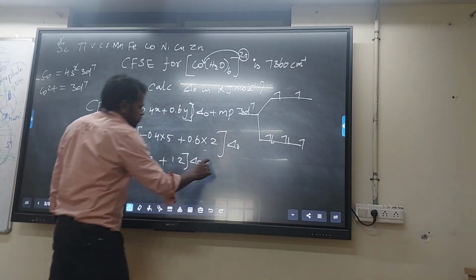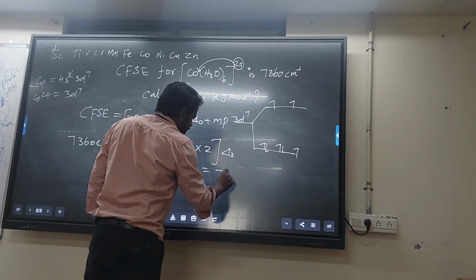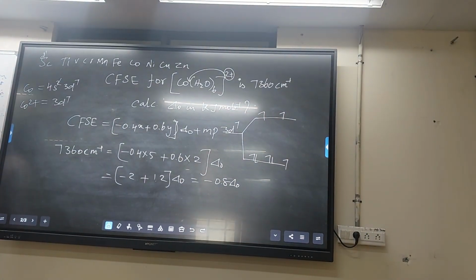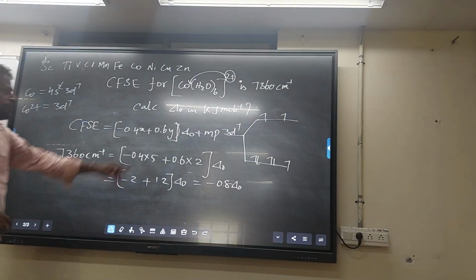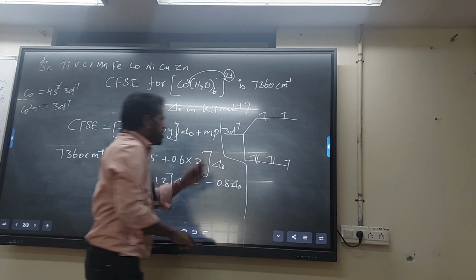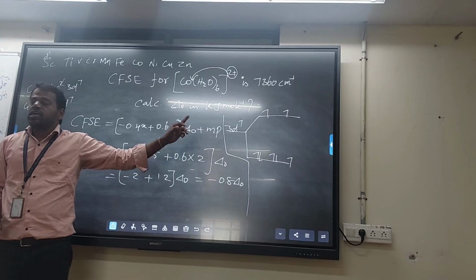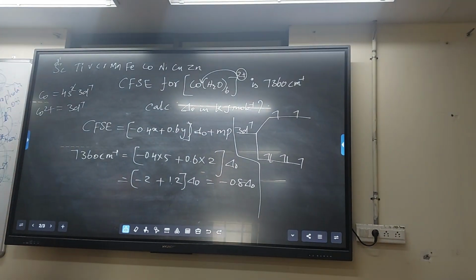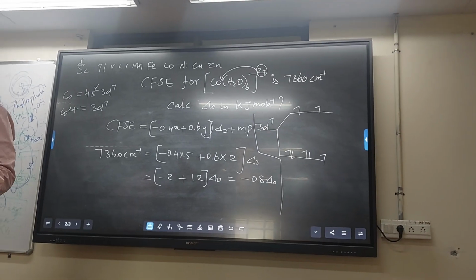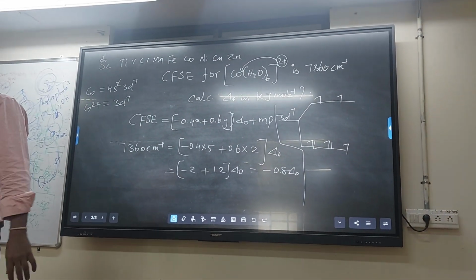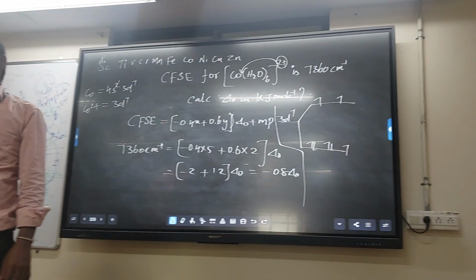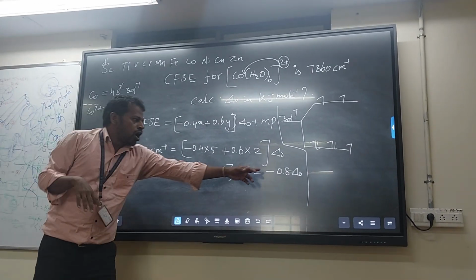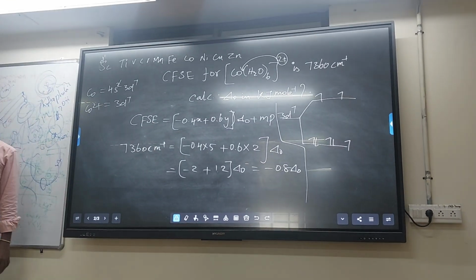So how much do you get? 0.8 delta naught. When you consider MP, if they mention a pairing energy, say 12,000 centimeter inverse, and ask you to calculate the CFSE, then you include plus MP. Otherwise, no need for MP. So how much did you get? Minus 0.8 delta naught.